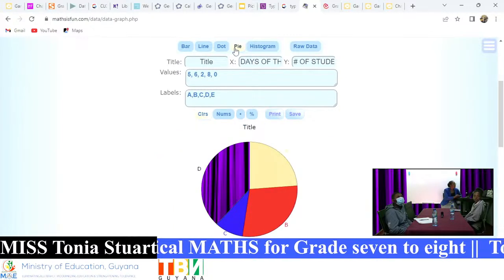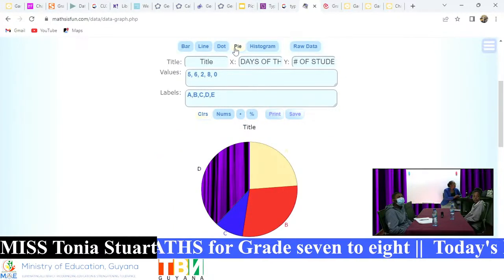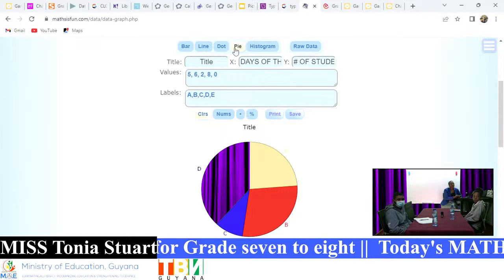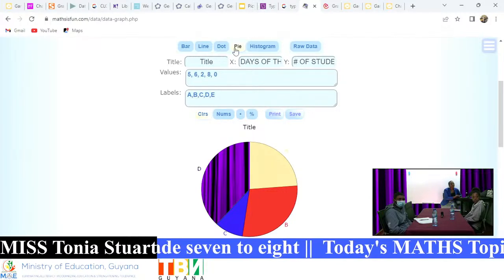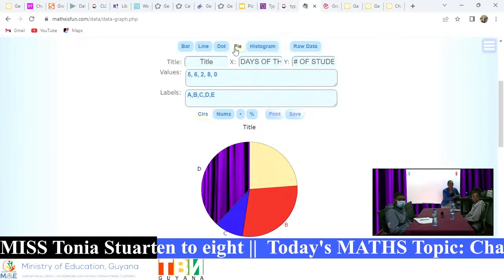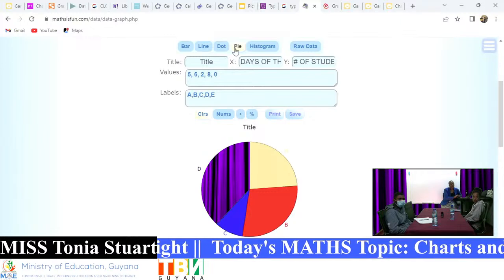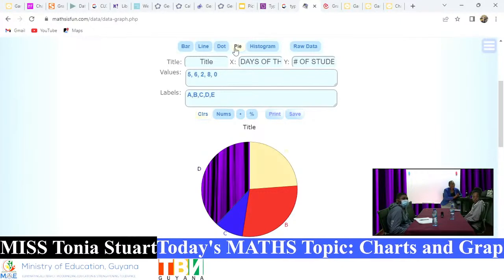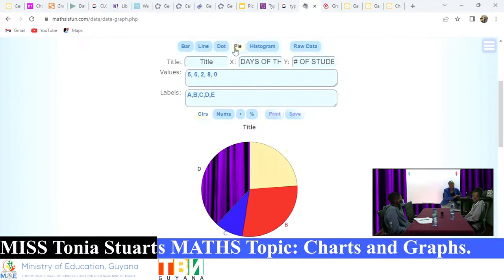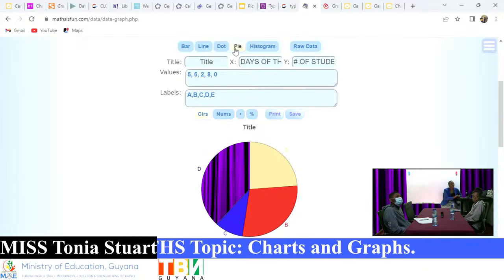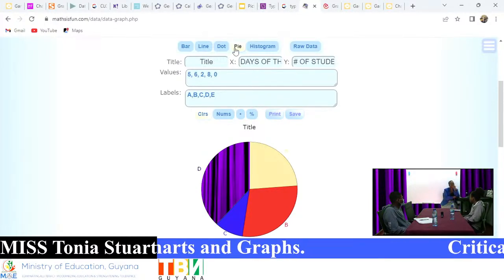And then we go to the pie chart. The pie chart, as it speaks for itself. If we were to say in a real life situation, what would you associate the pie chart with? Circle. What else?